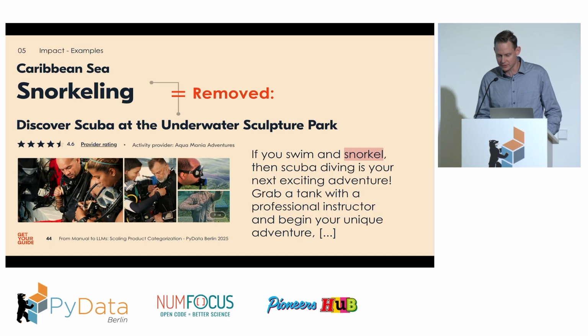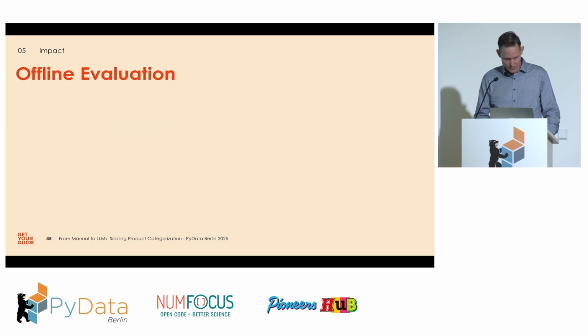If you look at the text of this product, it even mentions snorkel, but it says if you swim and snorkel, then scuba diving is your next exciting adventure. So it's really difficult for a vector-based system to decide that it shouldn't be snorkeling, but the LLM found it.